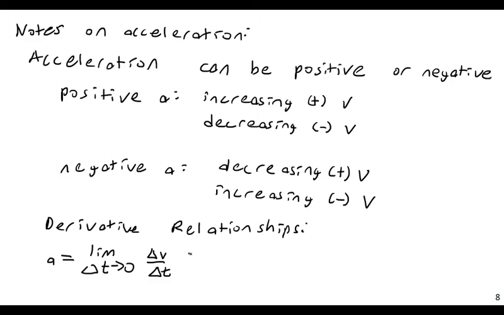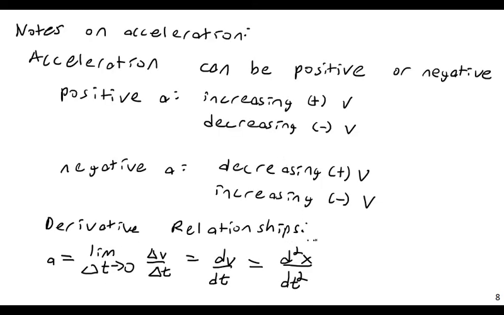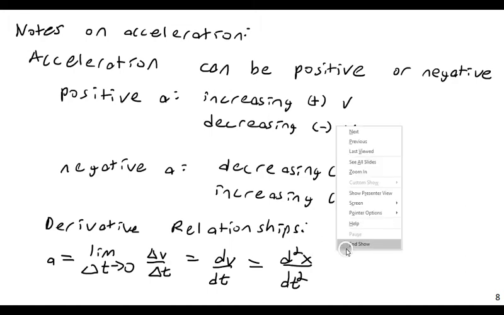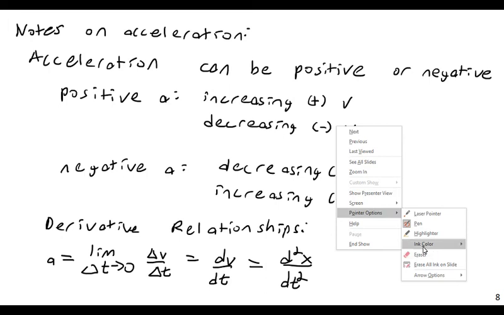It then is equal to dv/dt, or simply d squared x over dt squared. Or it is simply the derivative of the velocity with respect to time, or the second derivative of the position function. But this is all kid stuff. You've seen this stuff a million times by now. Hopefully not too bad.